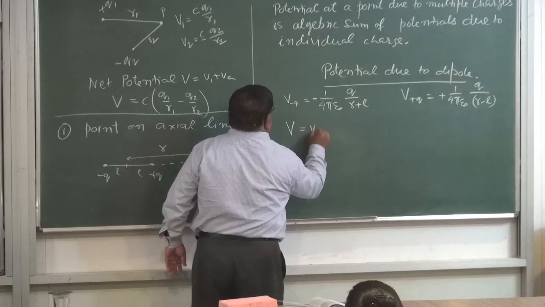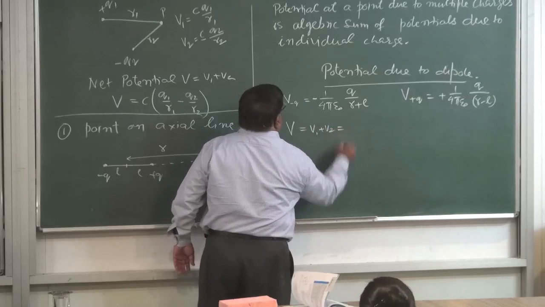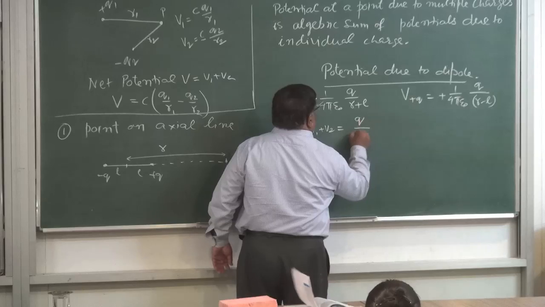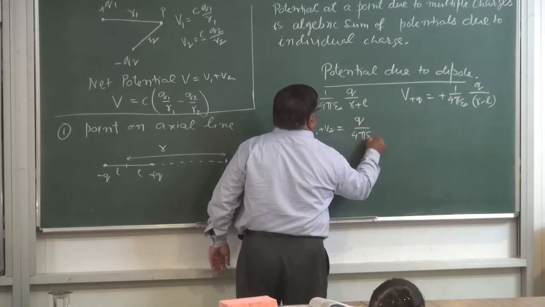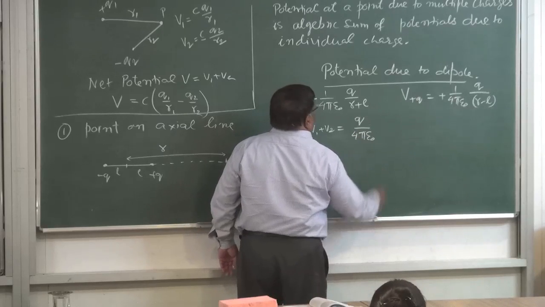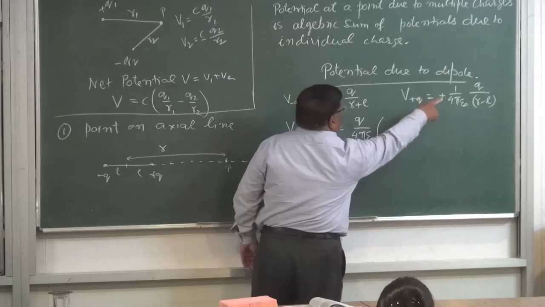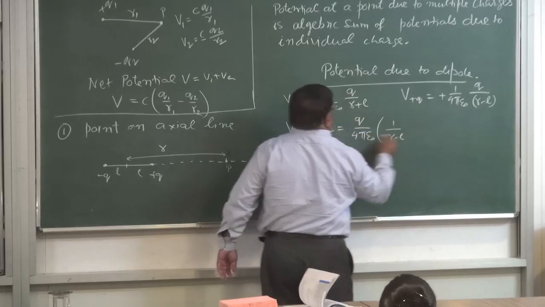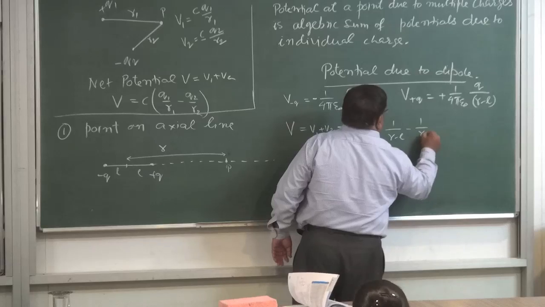So V is equal to V1 plus V2. This is equal to, what is common? Q upon 4 pi epsilon naught is common, and what we get inside? Positive first, 1 upon R minus L minus 1 upon R plus L.